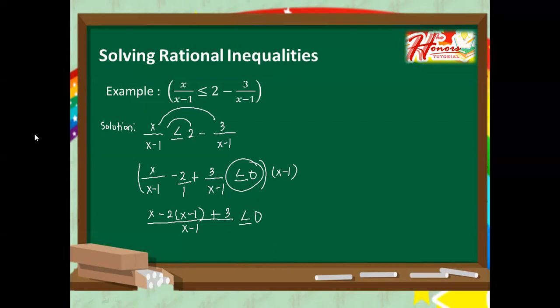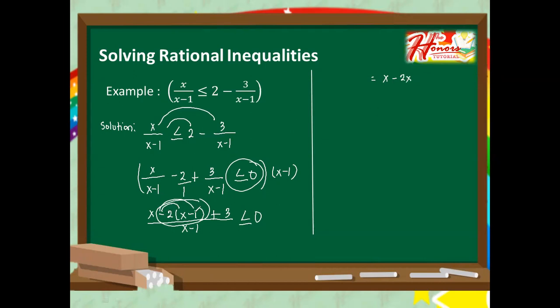Then let's continue solving. Now we are going to focus on this part. We have to distribute negative 2 to all of the terms inside the parentheses. So copy x, then negative 2 times x, so that is negative 2x, so minus 2x.